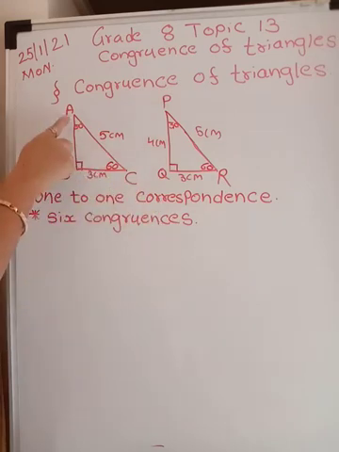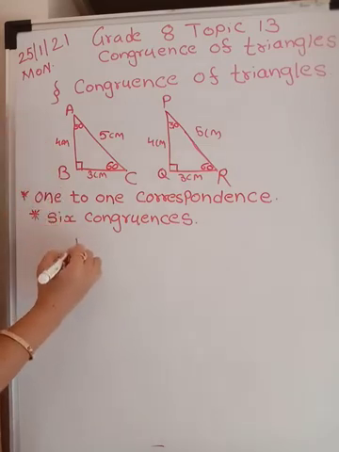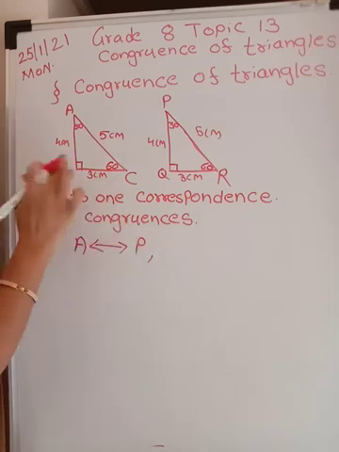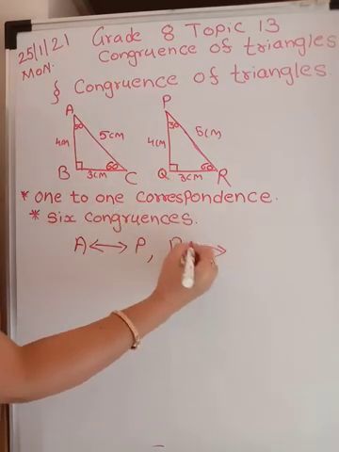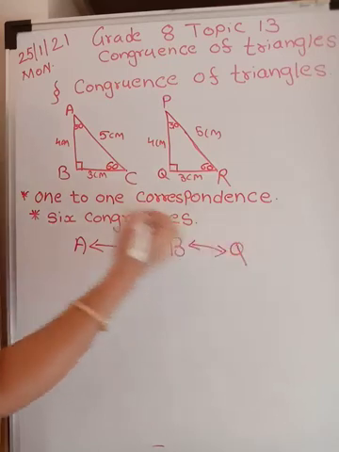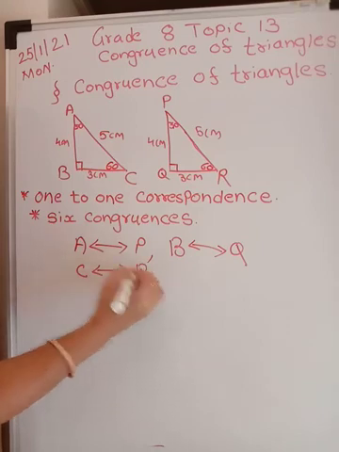Angle A will match with P. So if I write here, A is matching with angle P. Angle B is matching with angle Q. And C is matching with angle R.